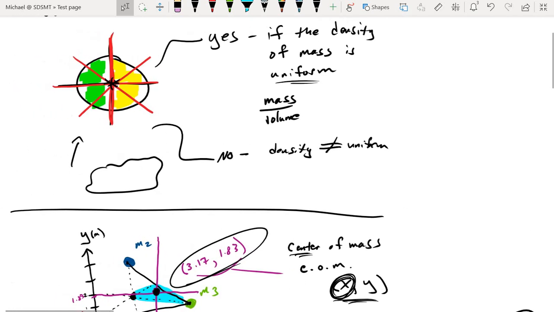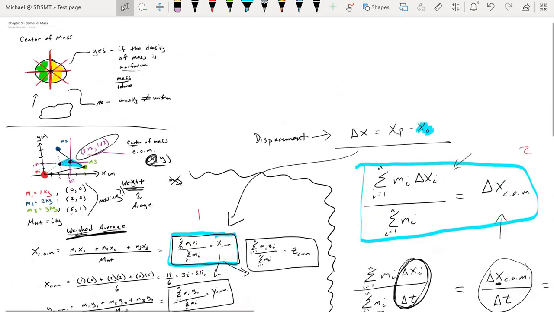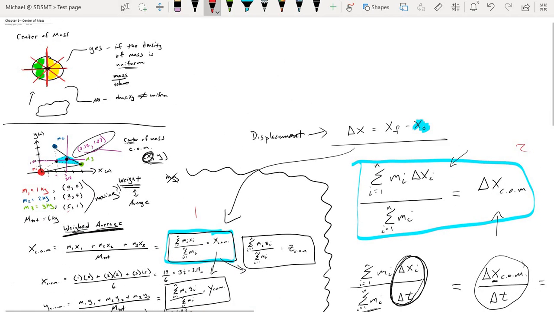And before you think that we're going to do a summation that involves millions and millions of particles, the answer is no, we're not going to do that.